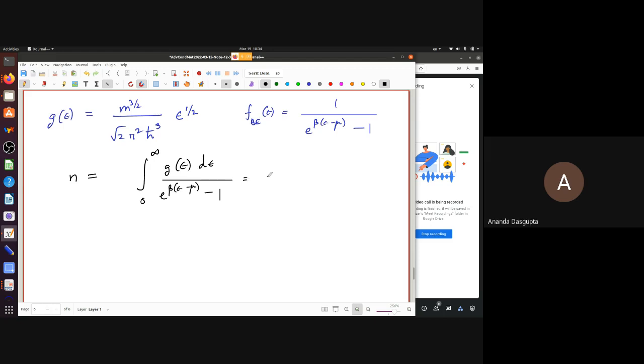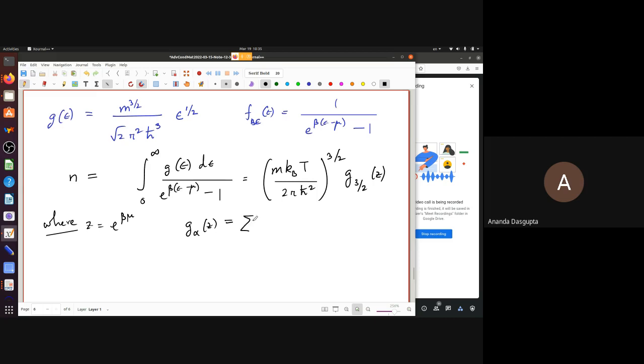And after some manipulations, what we ended up with was this result, where z is e to the beta mu, and g alpha of z is a series of functions, of course, a different function for each value of alpha, which is given by this infinite sum.